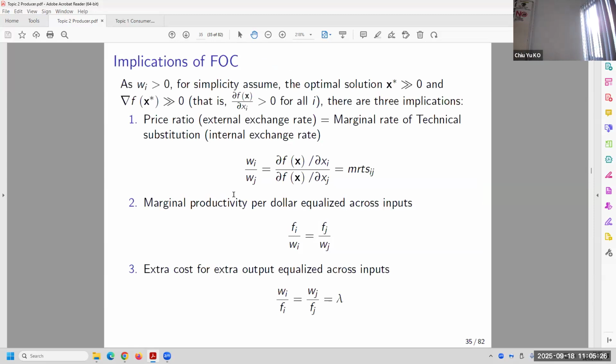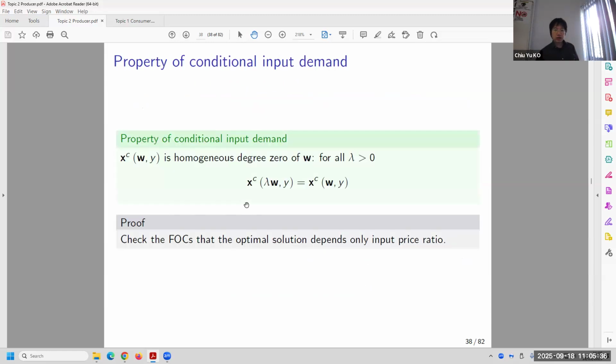You double everything there, nothing changes. That's an external change, so your internal plan doesn't change. In the macro idea, it means inflation has no effect on the plan of the firm. Of course, macro people would disagree, but from the micro view, doubling everything doesn't change your result.